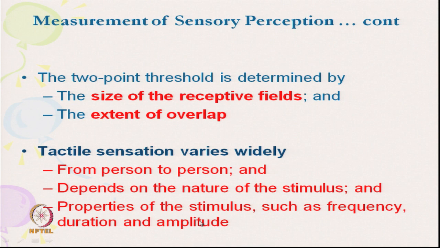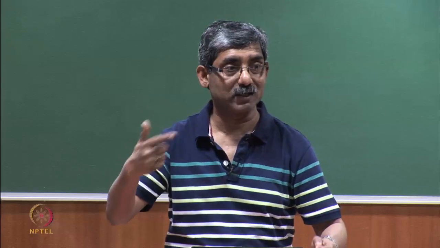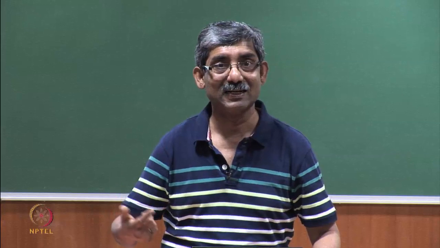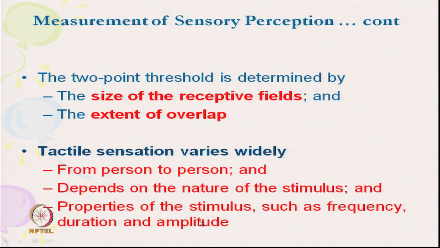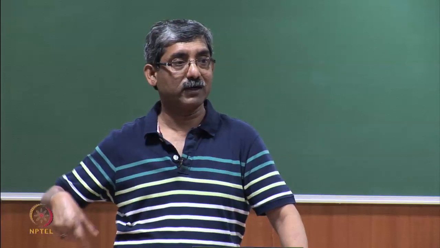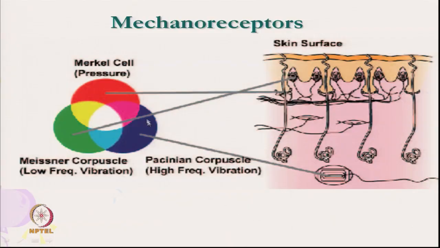It also depends on the properties of the stimulus, such as frequency, duration and amplitude. If the stimulus is vibrating and its frequency is changing, that also affects this value. So for a particular type of stimulus and a particular person, it will give a certain value. Even as we have seen, it changes at different places, okay. Like the type of overlap, we have seen this picture earlier also. If the overlap is very high, that means the sensation will be totally different, okay.